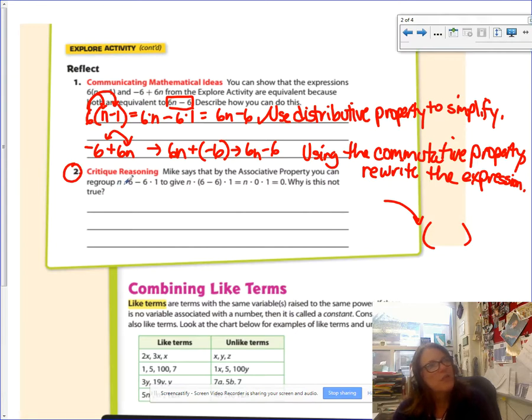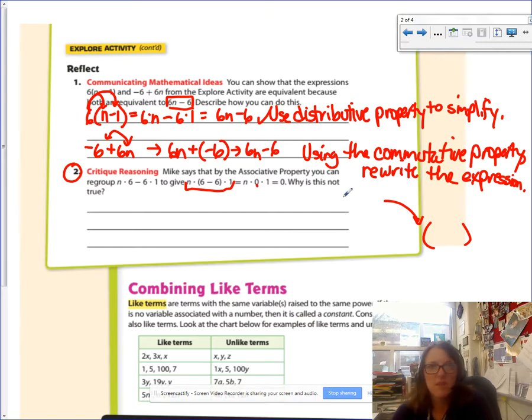So he's saying I can regroup this n times 6 minus 6 times 1 to give this n times 6 minus 6 times 1. And then what he does is he takes this, simplifies that to 0, and says the whole thing's 0. Why is that not true?